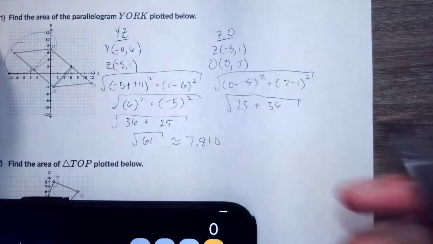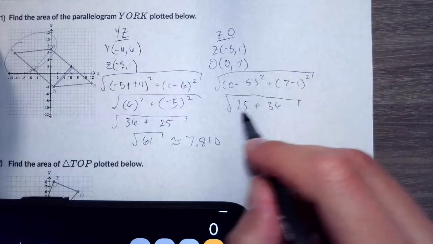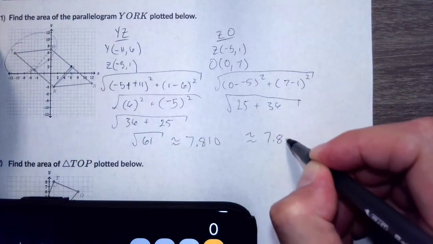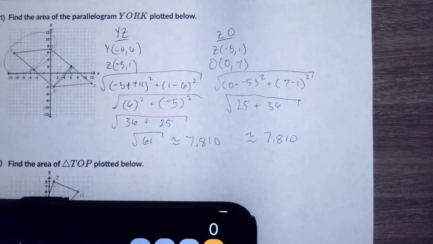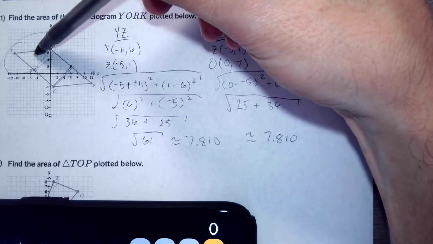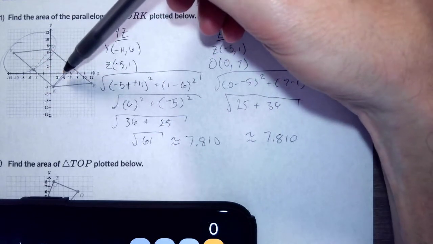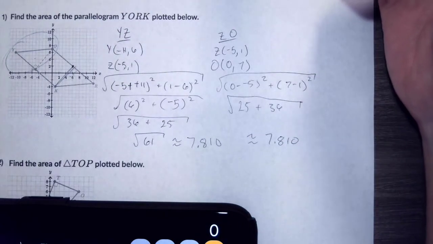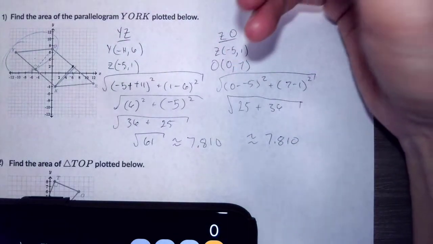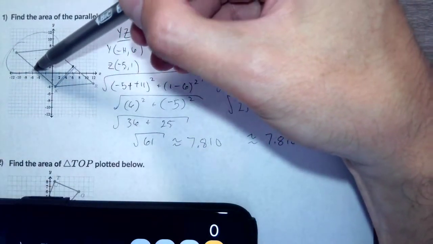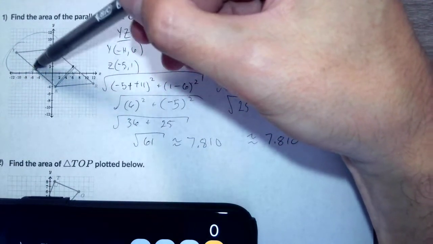So it's the same thing, right? 25 and 36, that's what we had here. So 7.810. All right, now I can find the area of that, which means I'll also have the area of this, because those will have to be the same because this is a parallelogram. So the last thing I need to do is find this side length.